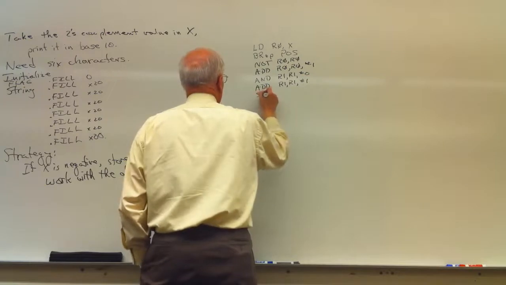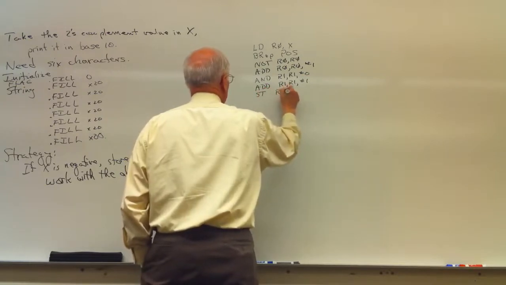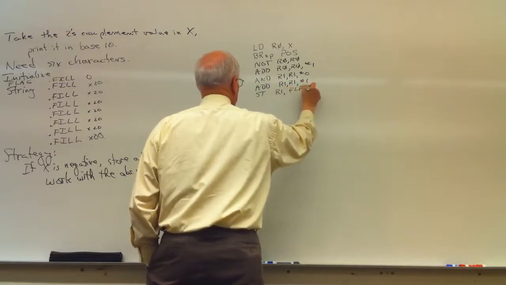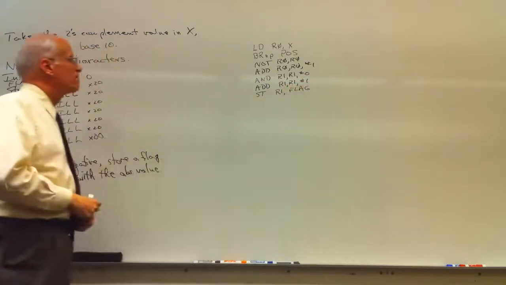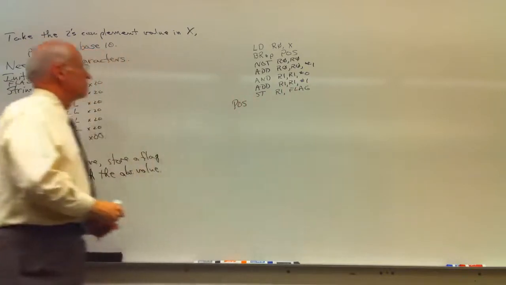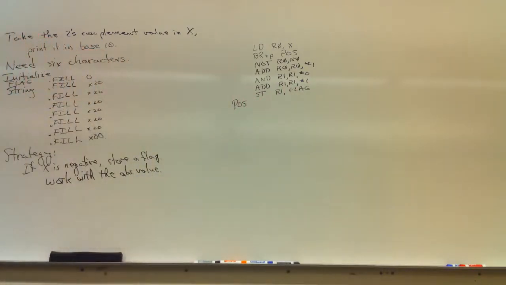Okay, I've got it now then. I'll store register 1, I called it flag. Now I can proceed, you see, as though I had a positive number. Okay, that's the way I handle this business.